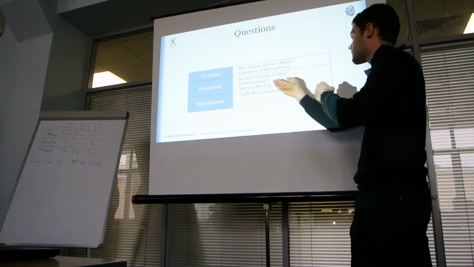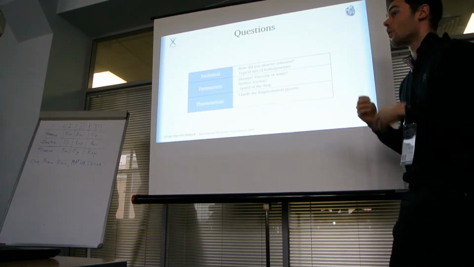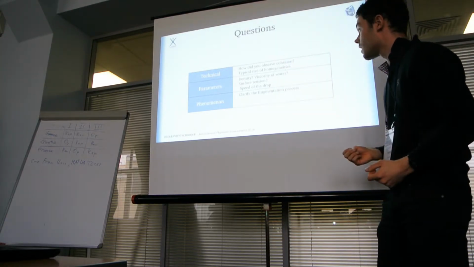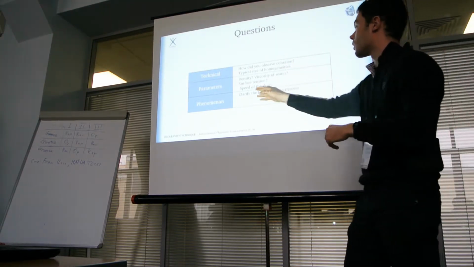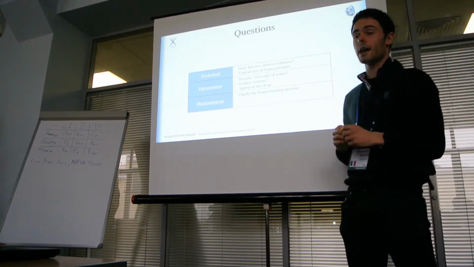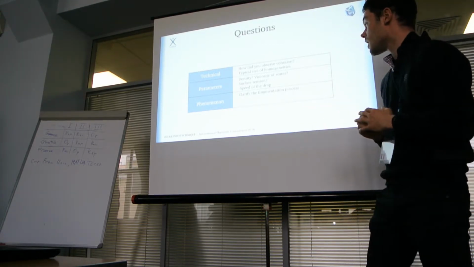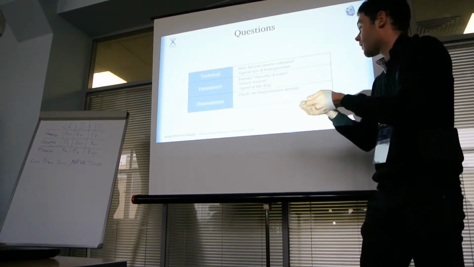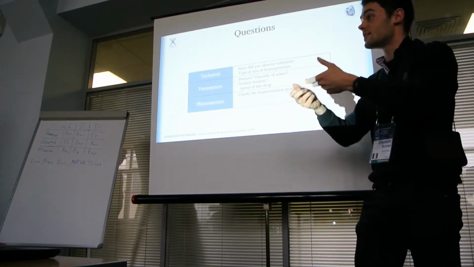What is the role of surface tension in this kind of phenomenon? This is quite important for me. Also I'd like to know about the speed of the drop, but this is less important. And most important, I'd like to clarify what the fragmentation process consists in.